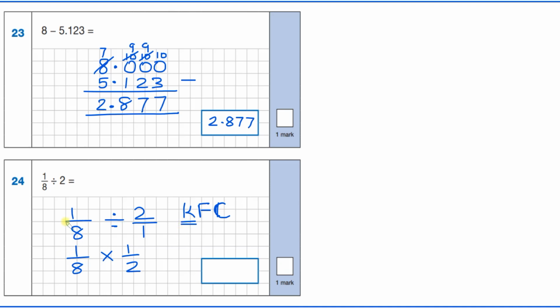Keep the first number, flip the second number. Flipping means 2 comes to the bottom, 1 comes to the top. C stands for change the sign, division to multiplication. Now the answer is 1 times 1 is 1 and 2 times 8 is 16. That is 1 over 16, the correct answer.